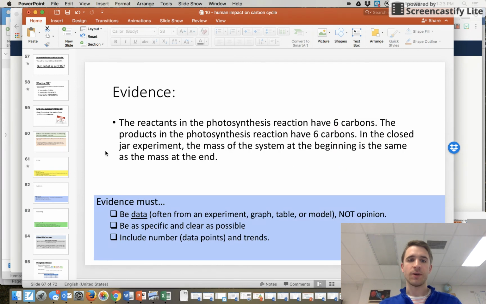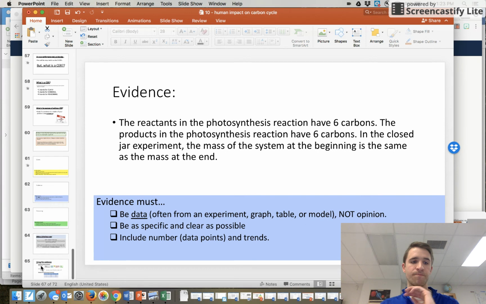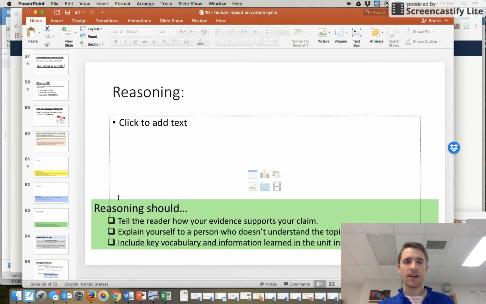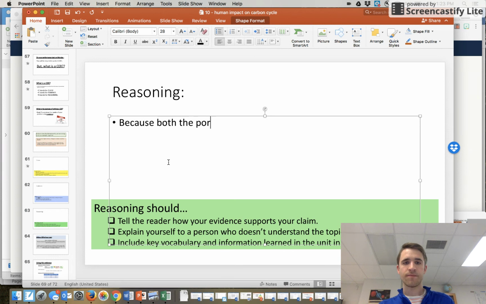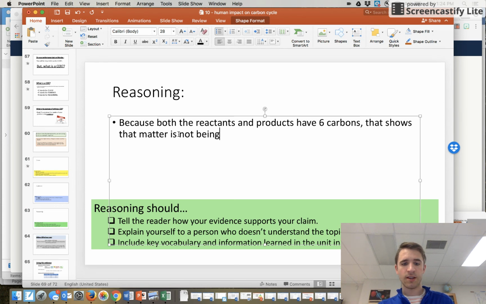So the first evidence we gave, it says the reactants in the photosynthesis reaction have 6 carbons. The products have 6 carbons. So let's write why that affects us, right? So we could say because both the reactants and products have 6 carbons, that shows that matter is not being created from nowhere.